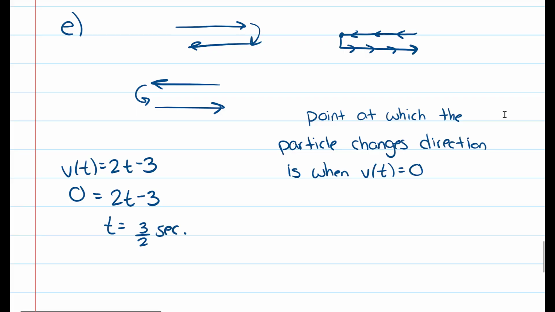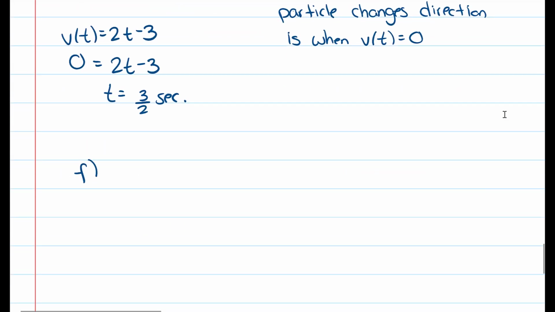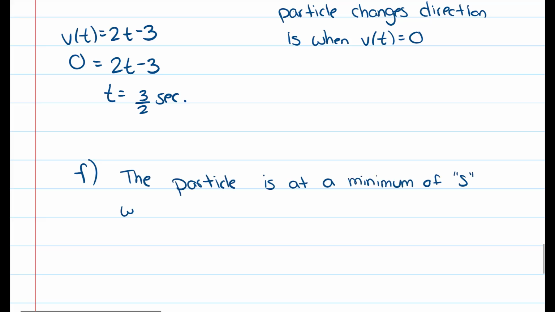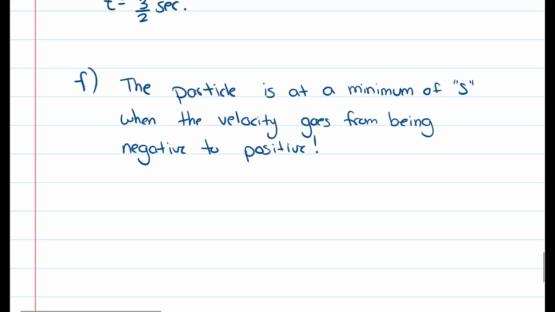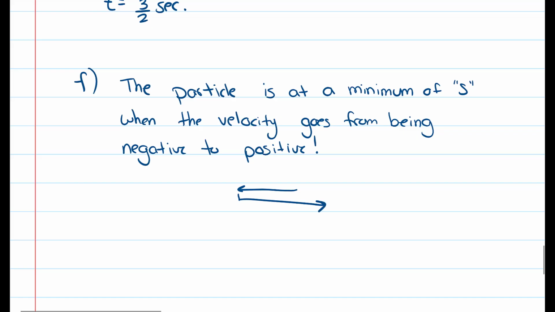So we know that our particle then changes direction when t is equal to 3/2 seconds, or 1.5 seconds. And so I want to know, where is the particle when s is a minimum? Well, the particle is at a minimum of s, which means its position is a minimum when the velocity goes from being negative to positive. And that's because it's going backwards and then turns around and goes forwards.